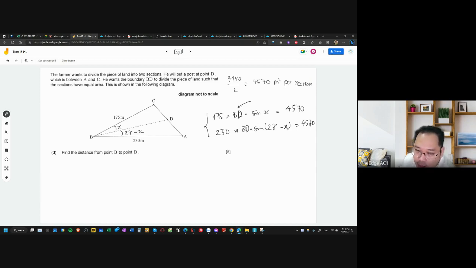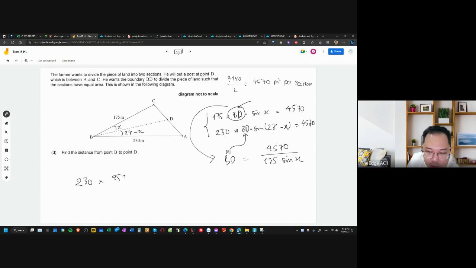From the first equation, BD is 4,570 over 175 sine X. Substitute it in here: 230 multiplied by 4570 over 175, times sine of 27 degrees minus X over sine X, equal to 4570.